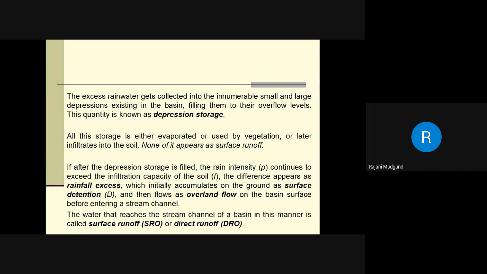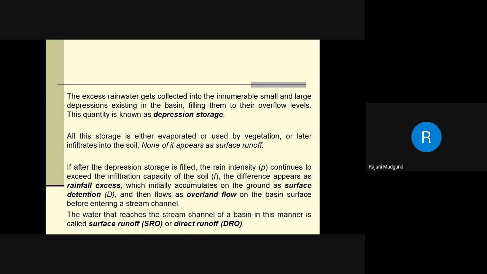All the storage is either evaporated, or used by vegetation, or later infiltrates into the soil. None of this part will appear as the surface runoff. So this depression storage or any other infiltration and absorption does not contribute to direct surface runoff. Say if, after the depression storage is filled, the rainfall intensity, you can say P or F, anything that you can use, further continues to exceed the infiltration capacity of soil, the difference appears as the rainfall excess, right?